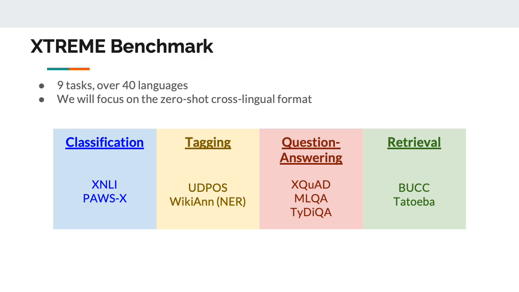For the retrieval tasks, they do not have any training data, so they will only be evaluated based on the hidden representations from within the pre-trained model. For our experimental setup, we are going to use XLM Roberta Large as our pre-trained model. XLMR Large has been trained on text coming from 100 different languages.